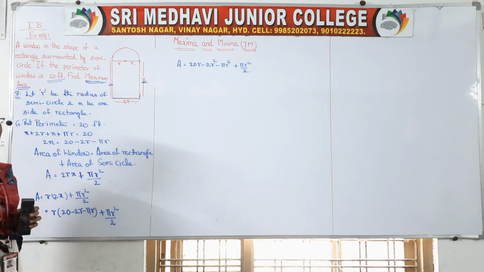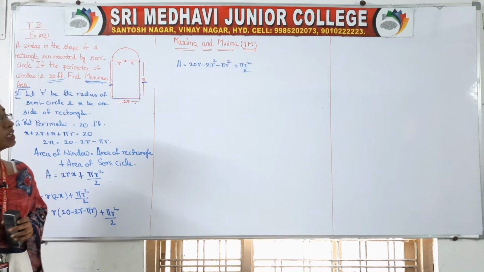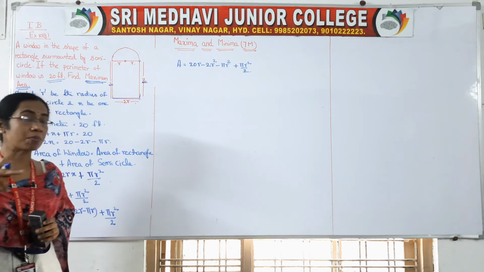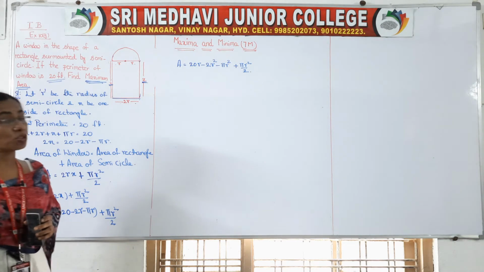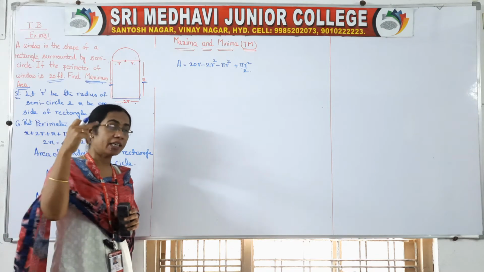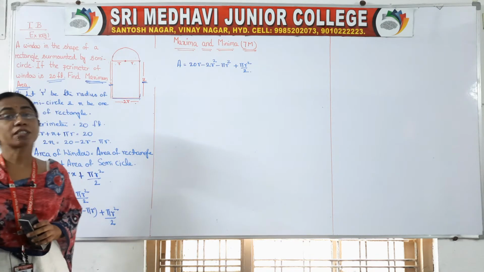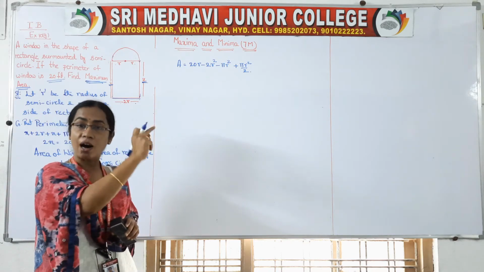So, we have to find the maximum area. That means area attains either maximum or minimum at dA by dr is equal to 0. Previously we have taken df by dx, dv by dx. Why? Their functions are in terms of x, but now your function is in terms of r.